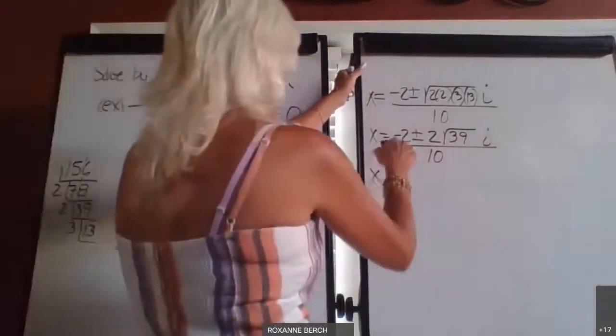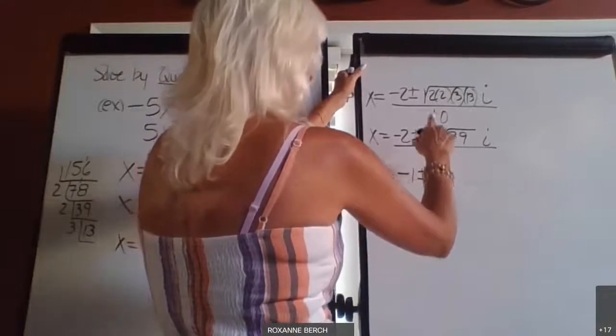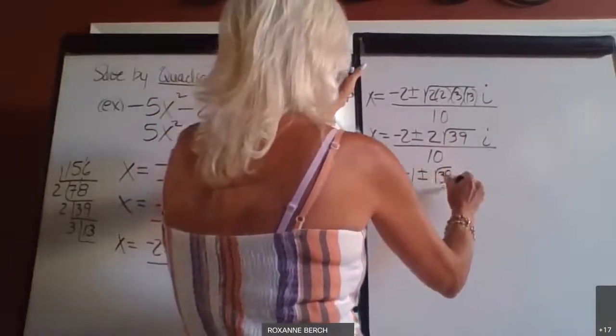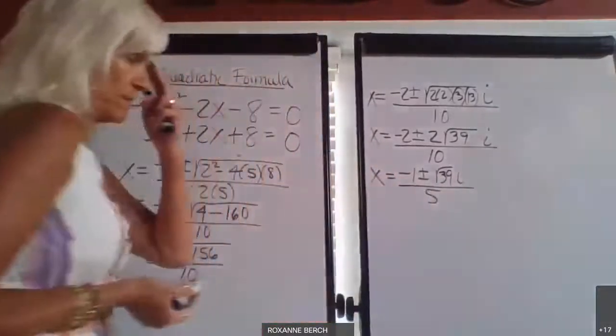So divide by 2. Divide by 2 is 1. And divide by 2 is 5.